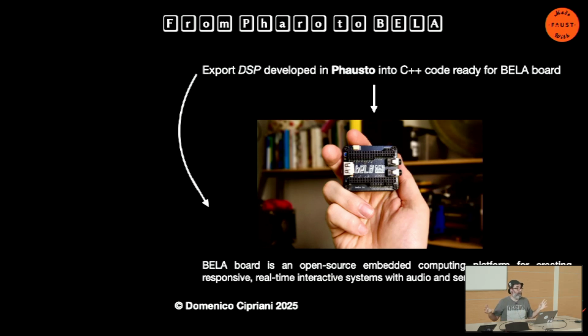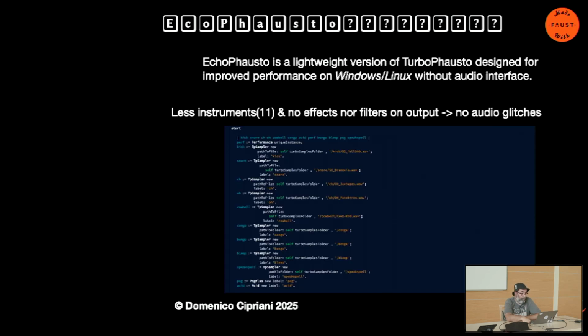So you have your own instrument running. The Bela also has support for USB, so you can connect to the Bela, for example, a MIDI keyboard, or you can control it with Open Sound Control support.